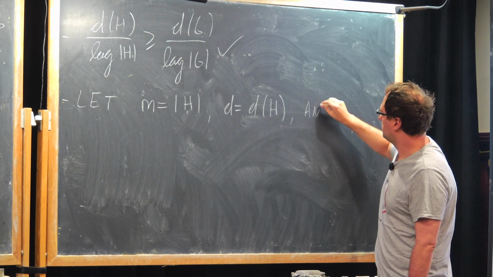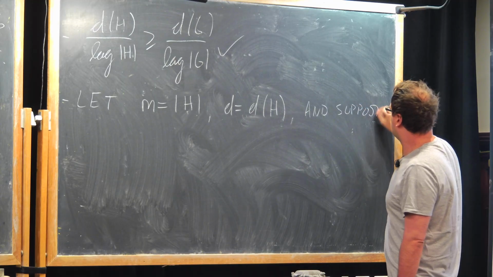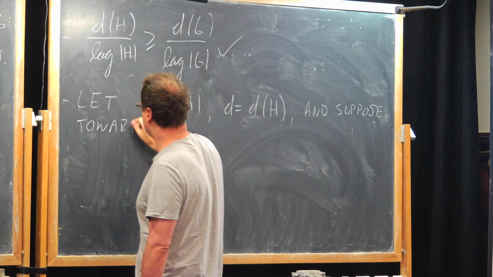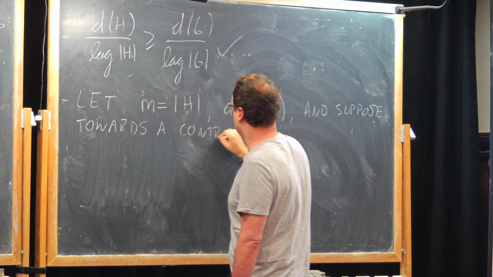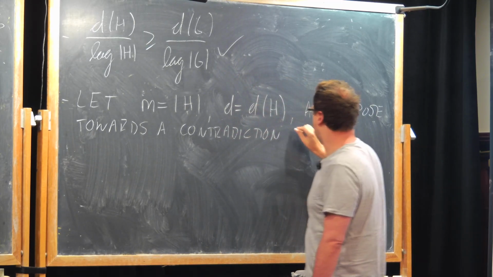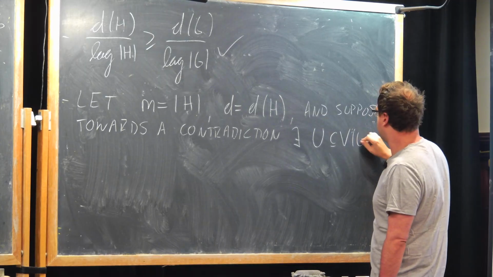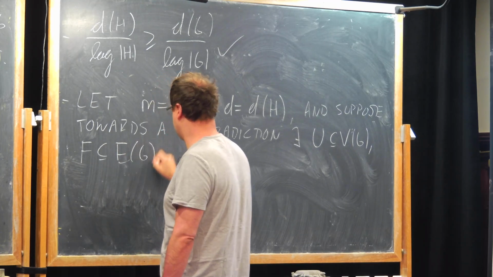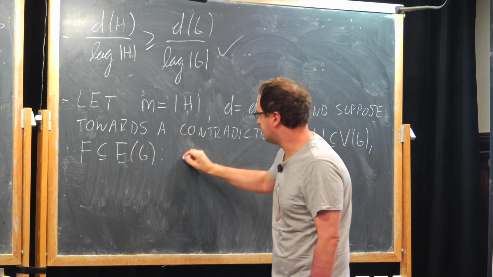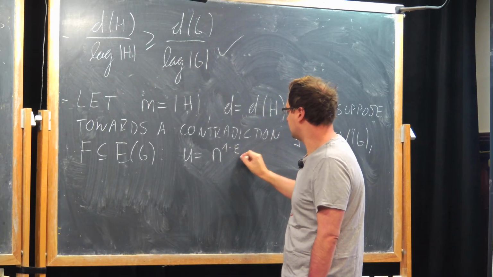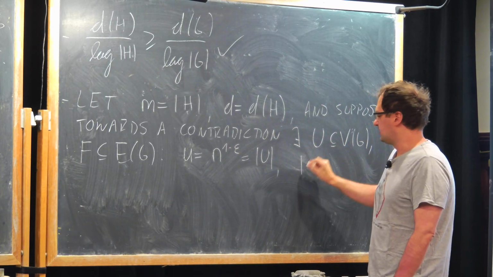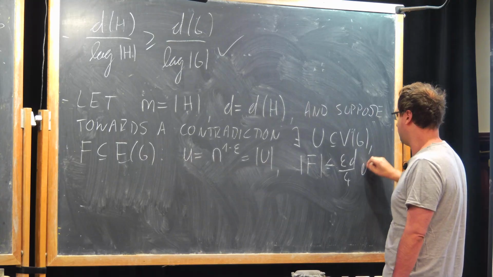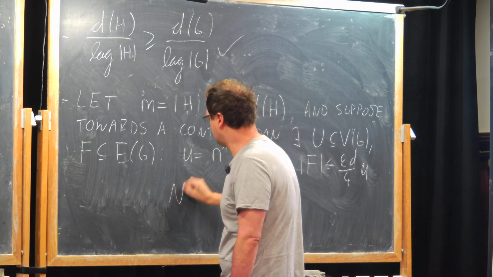Suppose, towards a contradiction, that there exists U a subset of vertices and F a subset of edges, such that the size of U is n to the 1 minus epsilon, the size of F is at most epsilon d over 4 times the size of U, and the size of the neighborhood of U in H minus F is less than epsilon times the size of U over 4.